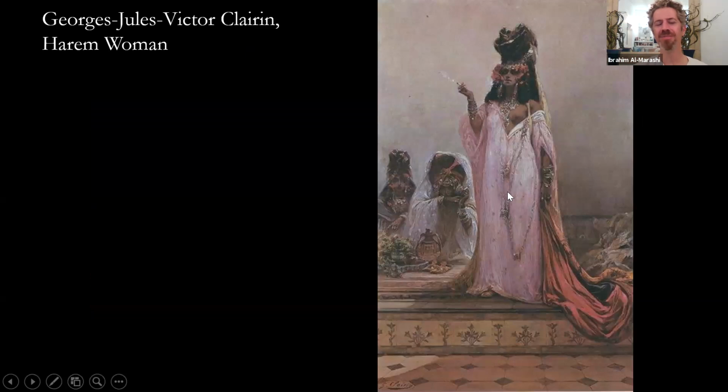But now look at his version of the harem woman in the 1900s, still naked, but instead of the smoking contraption, the nargila, the hookah, what is she holding in her hand? The modern, mass-produced version, the cigarette. Still Orientalism, but Orientalism evolving.